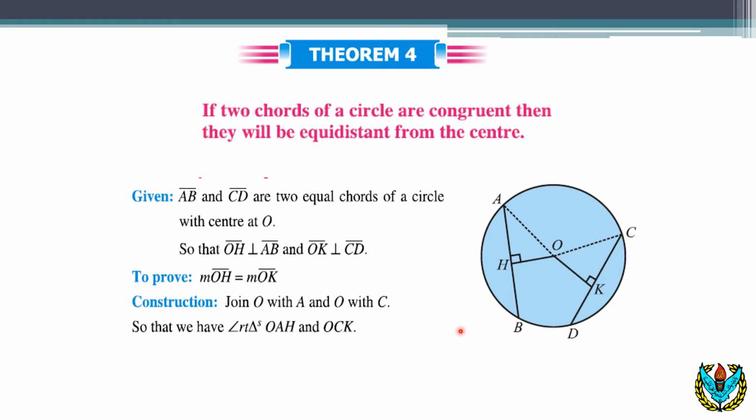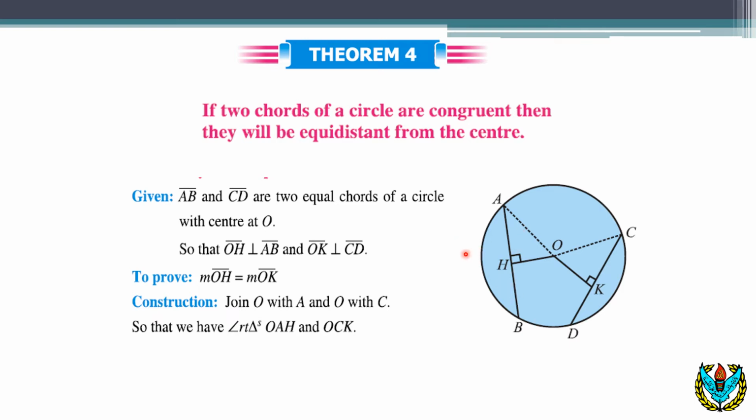In construction, we will do that. Join O with A, join O with C. OA and OC will be the radial segments. We will have two right angle triangles in this case, OHA and OKC.